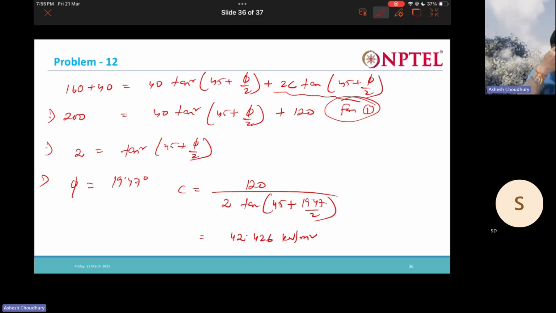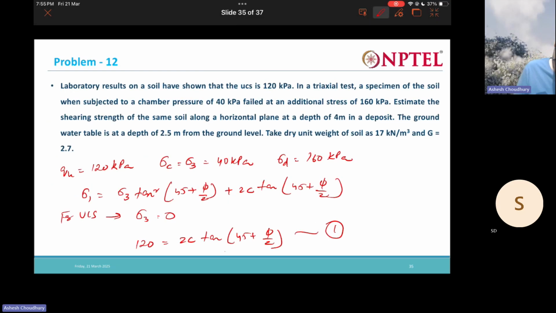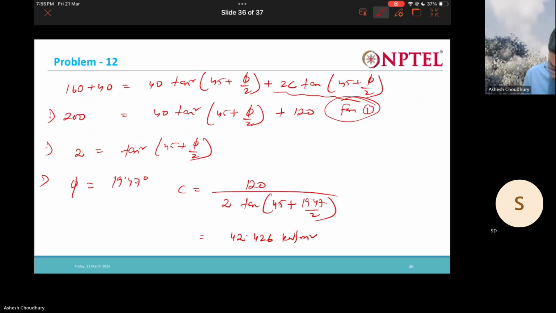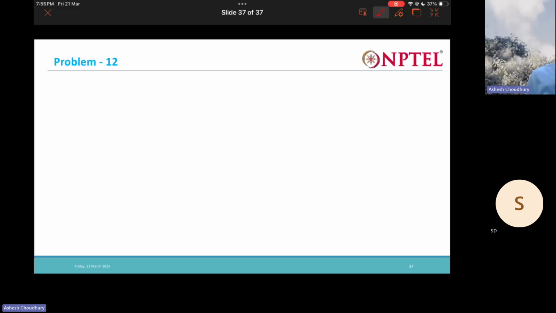Yeah. Now the last portion is to estimate the shearing strength of the same soil along a horizontal plane at a depth of 4 meter in a deposit, and the other parameters for the ground are given. Water table depth and all those things. Unit weight is given. The phi you got, so directly now we can find out. So this is 4 meters, this is the water table at 2.5 meters.